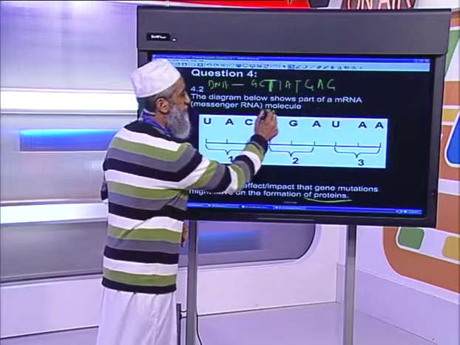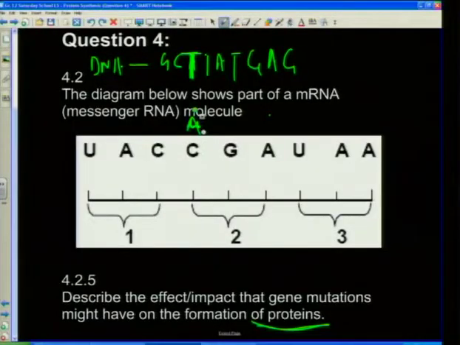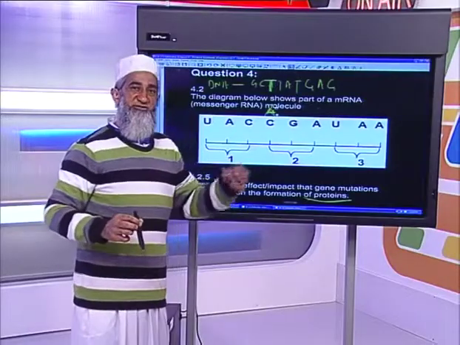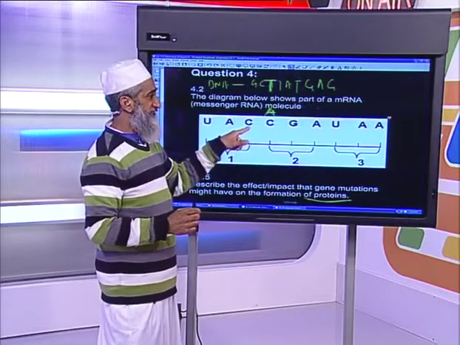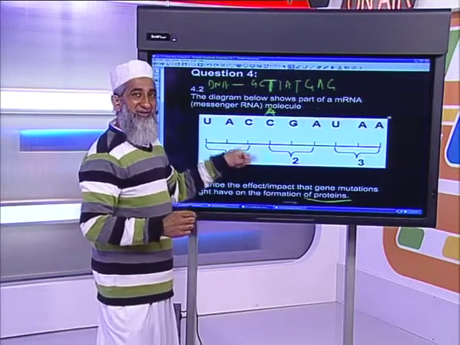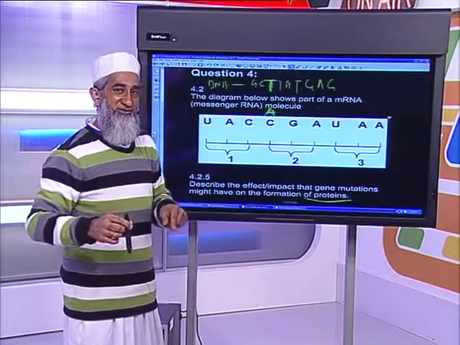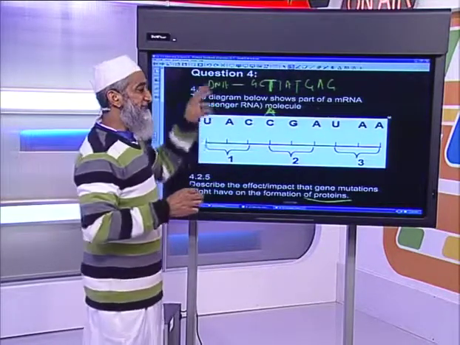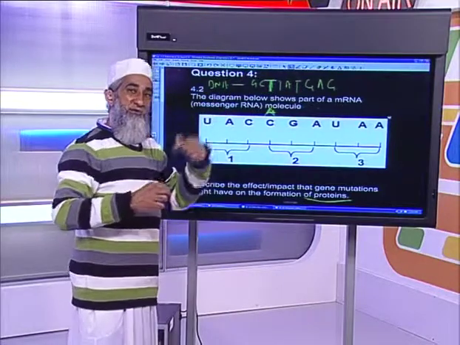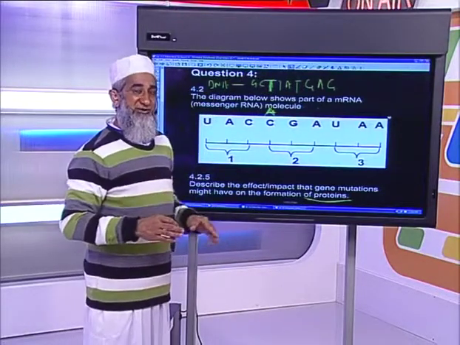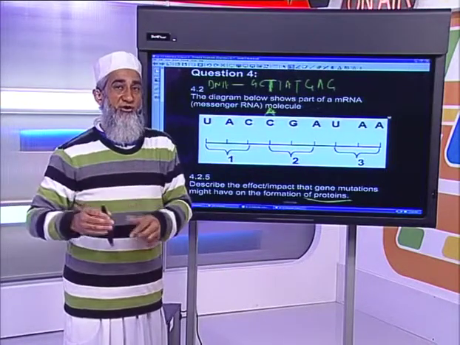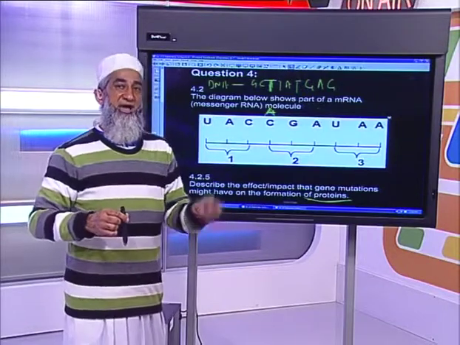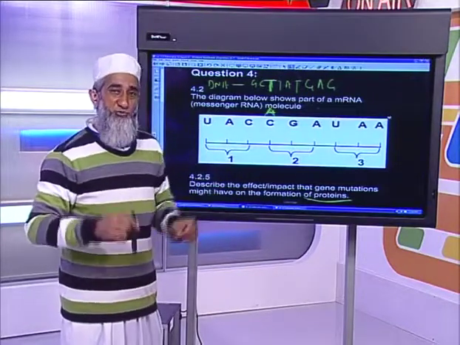Then obviously this U can't be a U anymore, this U becomes an A. So a change in the DNA or a change in the gene will affect the type of messenger RNA forming, and the type of messenger RNA formed will affect the type of transfer RNAs that bring amino acids there. This in turn will affect the sequence of the amino acids, and therefore will affect the structure and function and the type of protein that is formed.